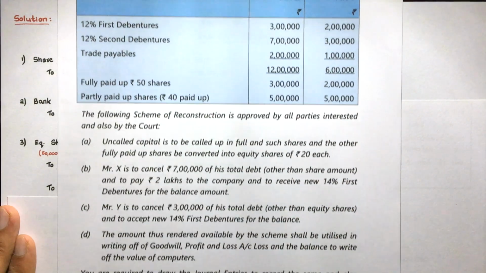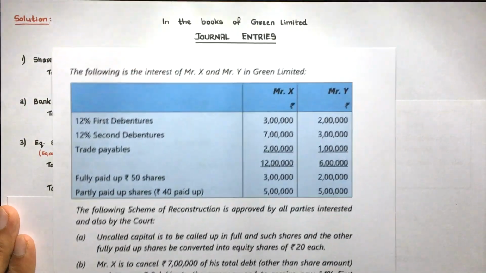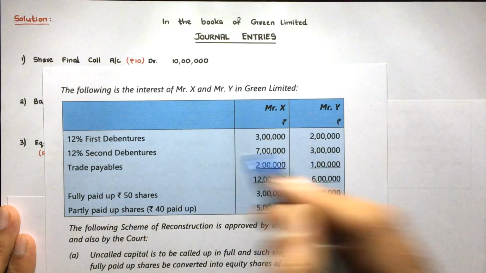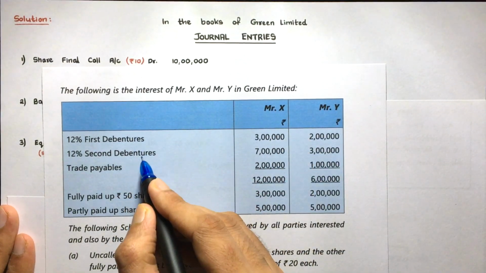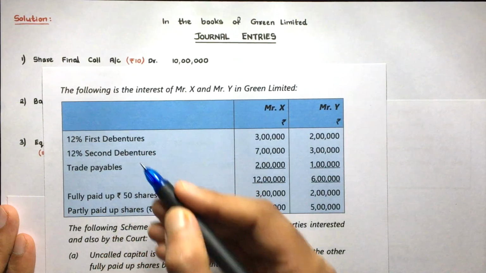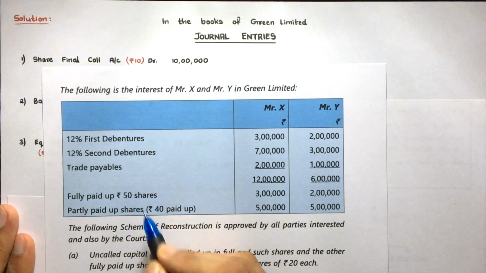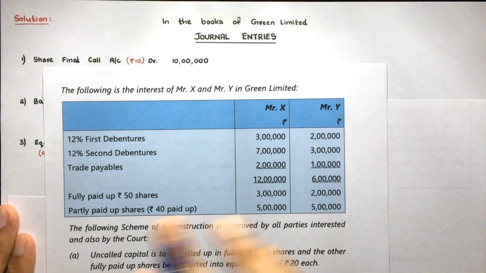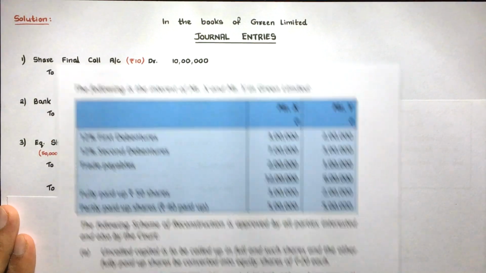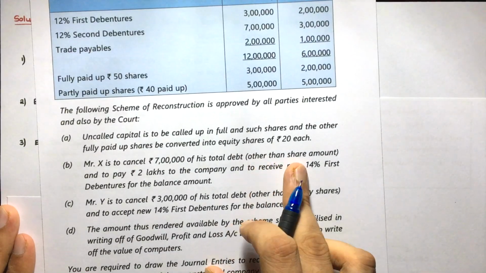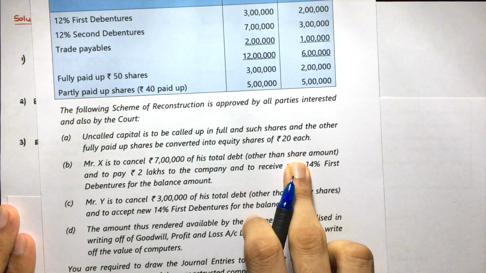Let's just see who is this Mr. X. See, Mr. X, here the data is given. Mr. X is our first debenture holder, second debenture holder, creditor and equity shareholder in both classes. But we are going to forget about the equity shares because here they have exactly mentioned other than share amount, nothing is there regarding that.